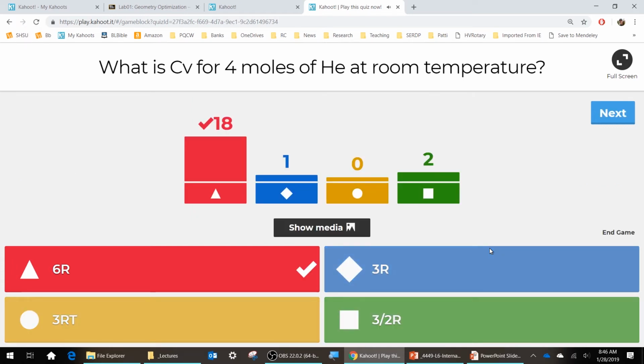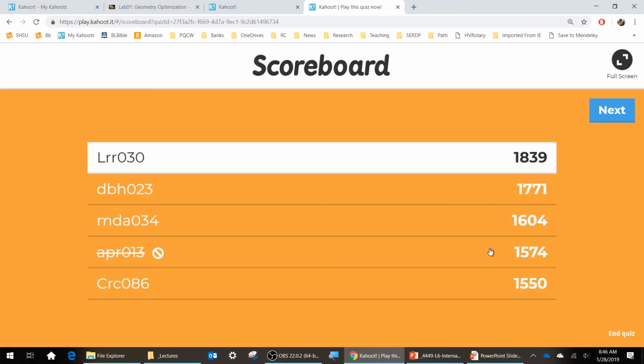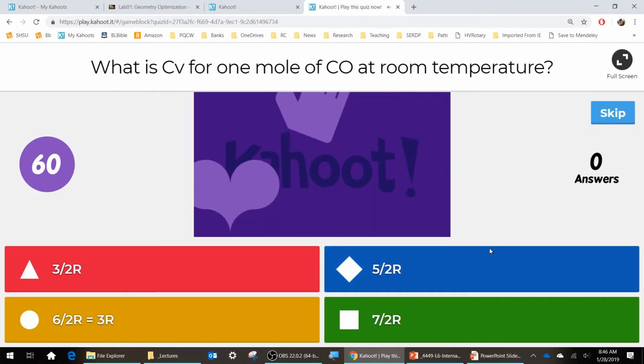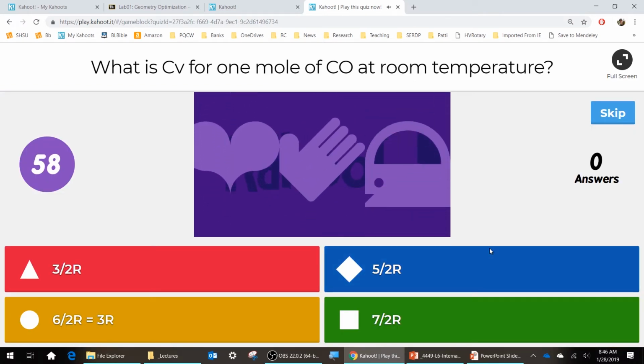Good job. Okay, so it's 3 halves R, and then you multiply by 4 moles. So the 4 and the 2 cancel, and you have 2 times 3, 6R. Okay, what's the heat capacity at constant volume for 1 mole of carbon monoxide at room temperature?